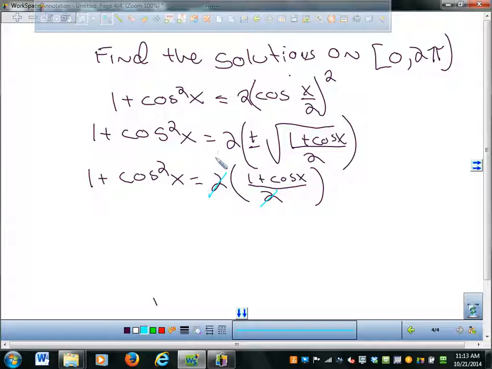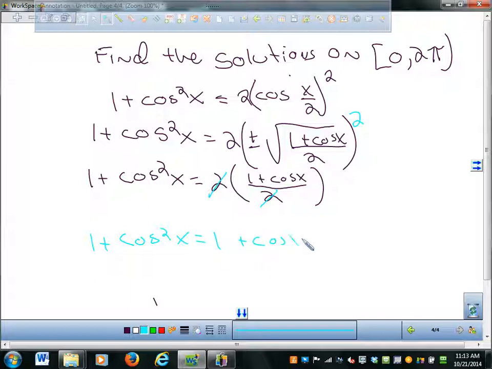When you square a square root, it makes the square root go away. Sorry, square. Because this is a formula for cosine of x over 2. I square it, the 2's go away. I can rewrite this as 1 plus cosine squared x equals 1 plus cosine x.